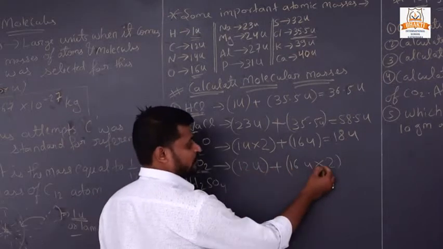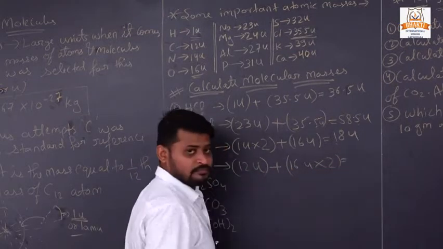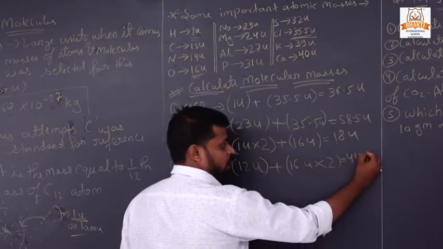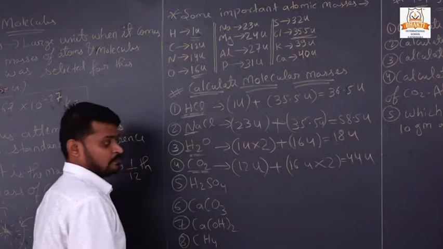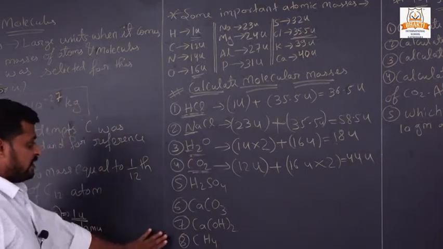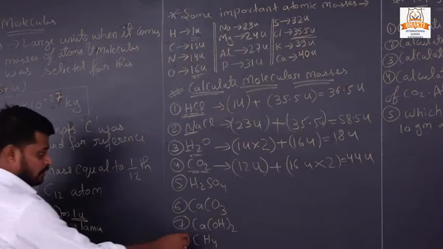Then 16 twos are 32, and 32 plus 12 is 44 unified mass. So you all have to find this. I will teach you this.